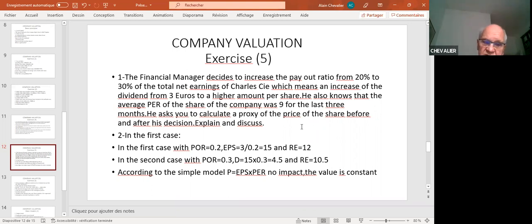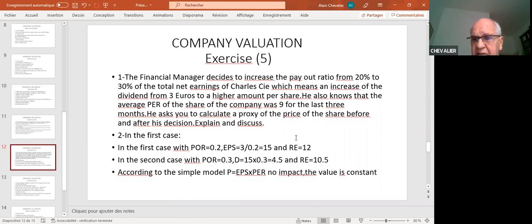So a simple model is quite interesting, but it's only one view, one analysis. It doesn't take into account the problem of the distribution of dividend. It takes into account only the data coming from the accounting system and the price earning ratio multiple, which is measured as an average over the last few months.